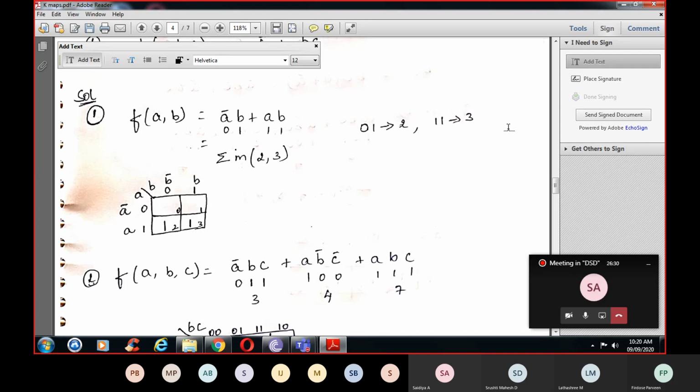It is 1. And 1, 1 means 3. So 0, 1. Here it will be 1 actually. Here it will be 1. Here it will be 0. Okay. So 1 here and 1 here at 2 cell and 3 cell.